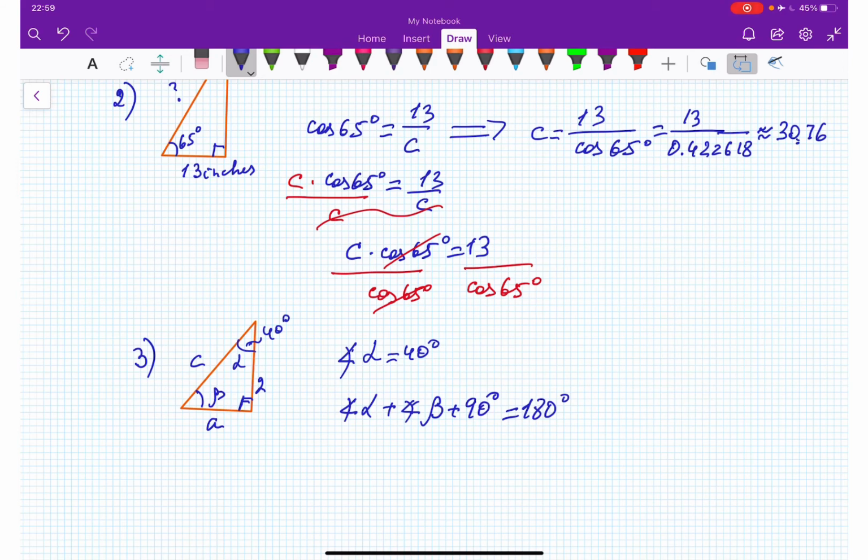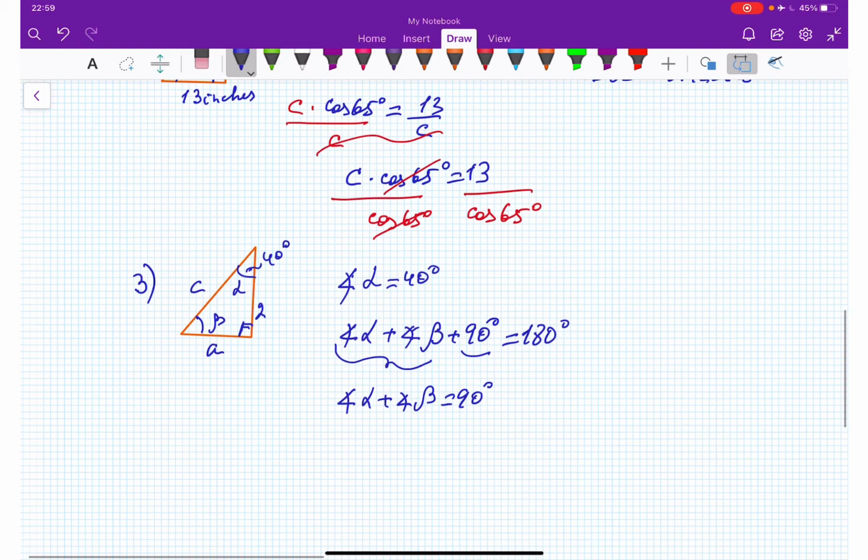It's equal to 180. So if one angle is 90, how much is left for alpha plus beta? Angle alpha plus angle beta also has to be 90 degrees, so in total we get 180. So if alpha is 40 degrees, then we can find beta.